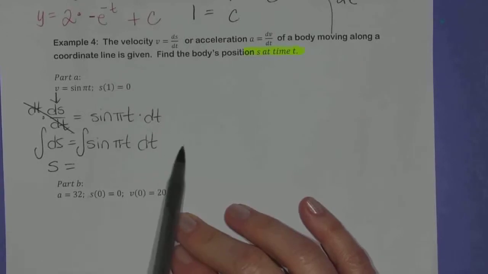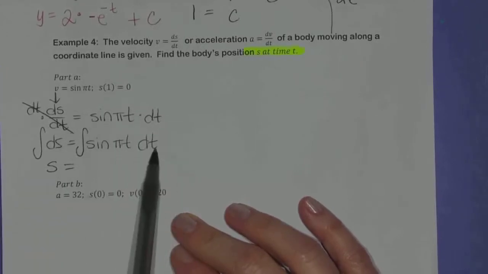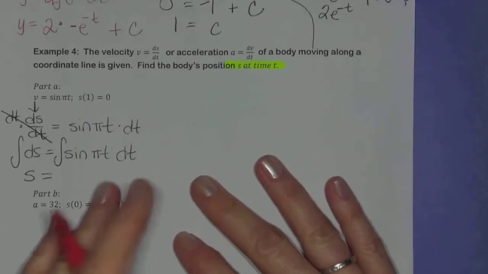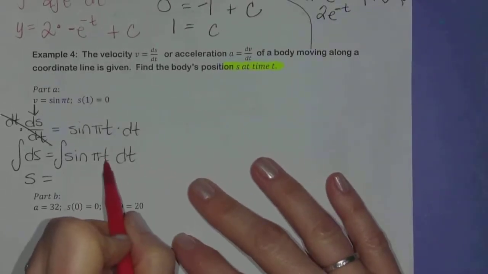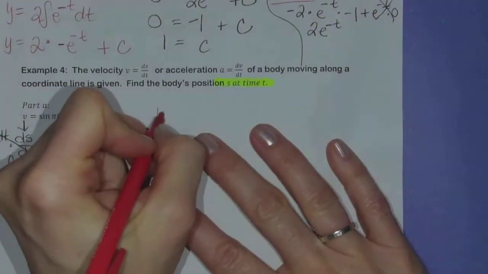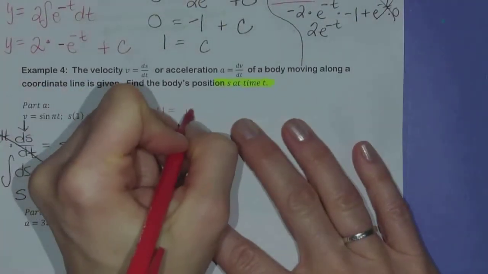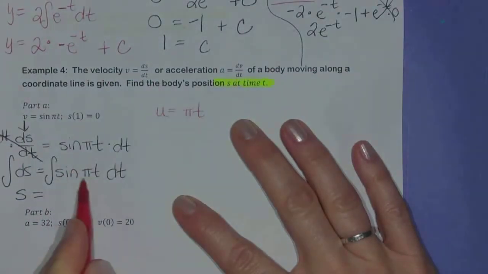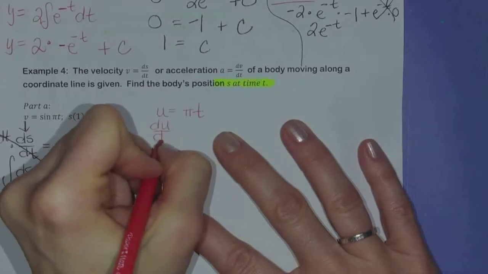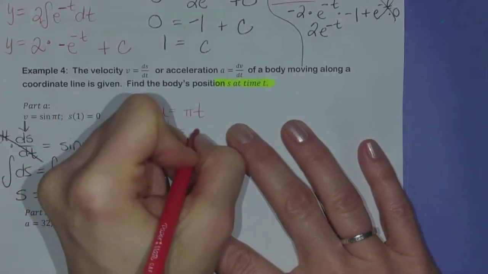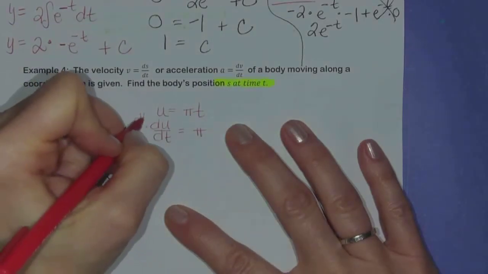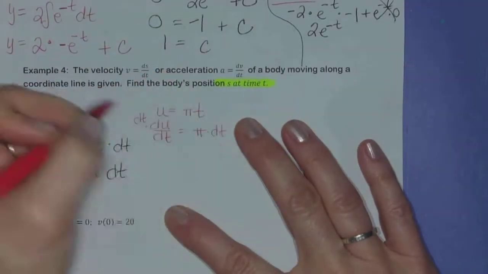Now here I sit anti-differentiating the sine of pi t. I think I'm going to need u substitution here because it's not just the sine of t. So I'm going to come off to the side and do some u substitution. So I'm going to let u be equal to pi t, this part. Then the derivative of u with respect to t is just pi. I'm going to multiply both sides by dt.